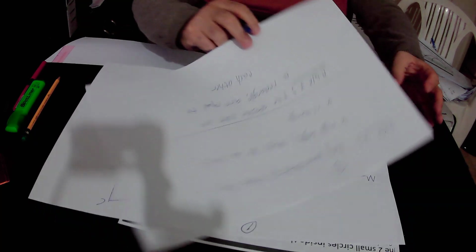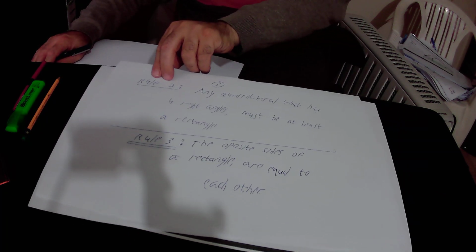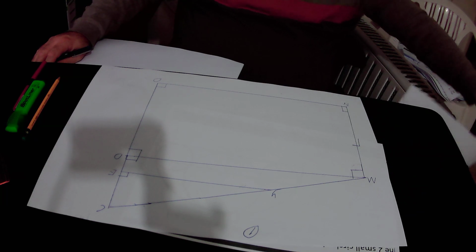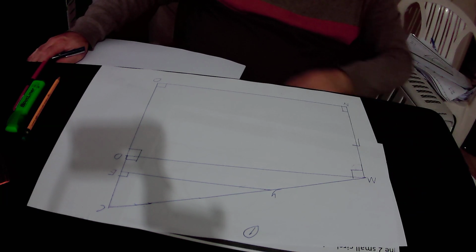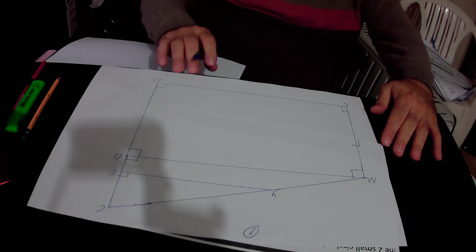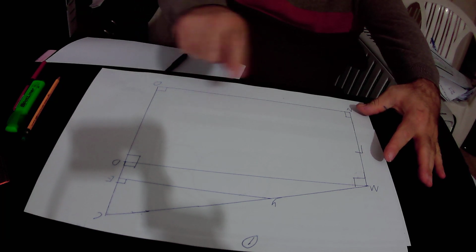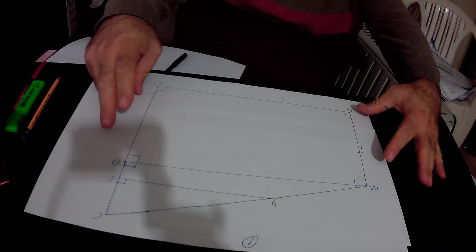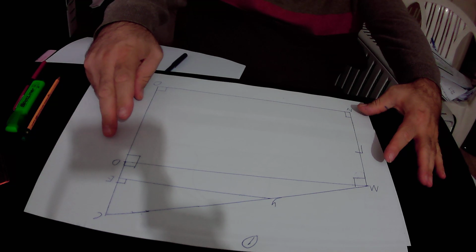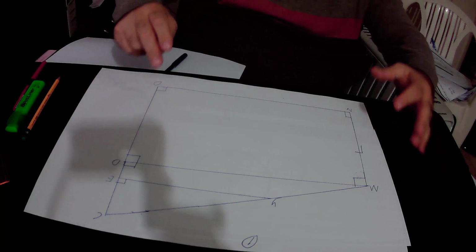I will read rule number 3 again. According to rule number 3, the opposite sides of a rectangle are equal to each other. So here, side MN of rectangle MDNO must be equal to side DO, because MN is the opposite side of DO. So MN equals DO according to rule number 3.